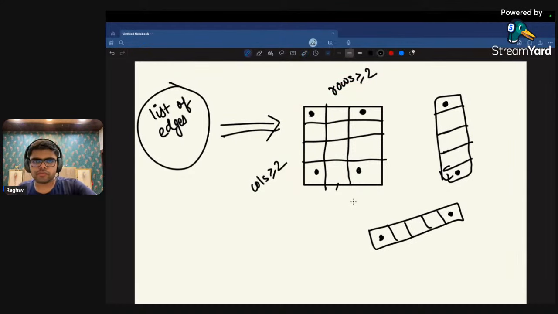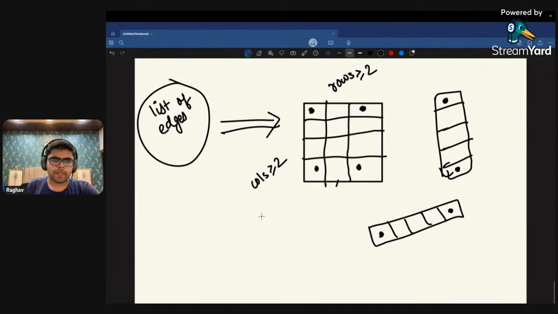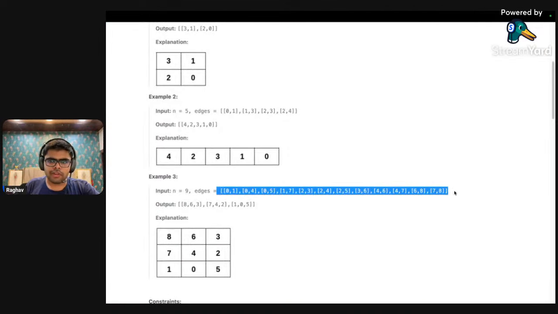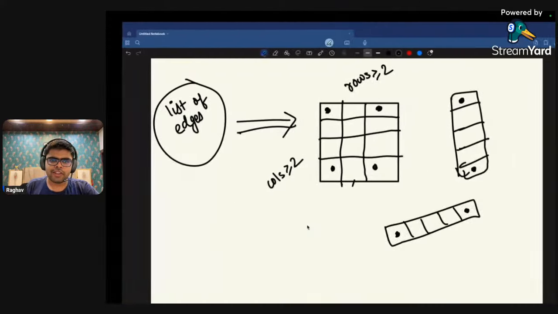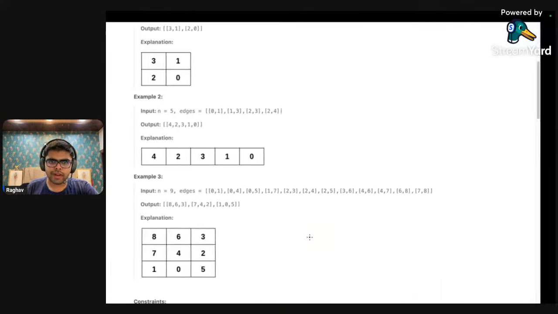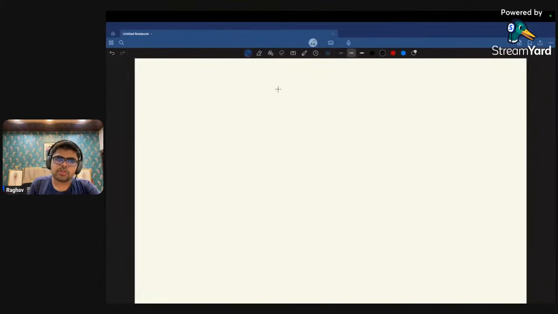Secondly, whatever list of edges we have, let's try to create an adjacency list for them. Since it is a problem of graphs, it makes sense to think about the adjacency list as well.